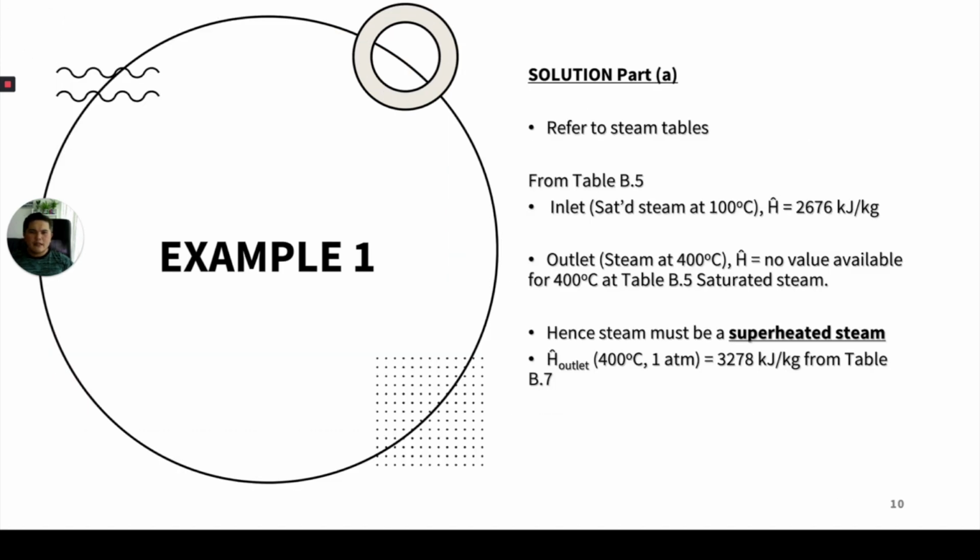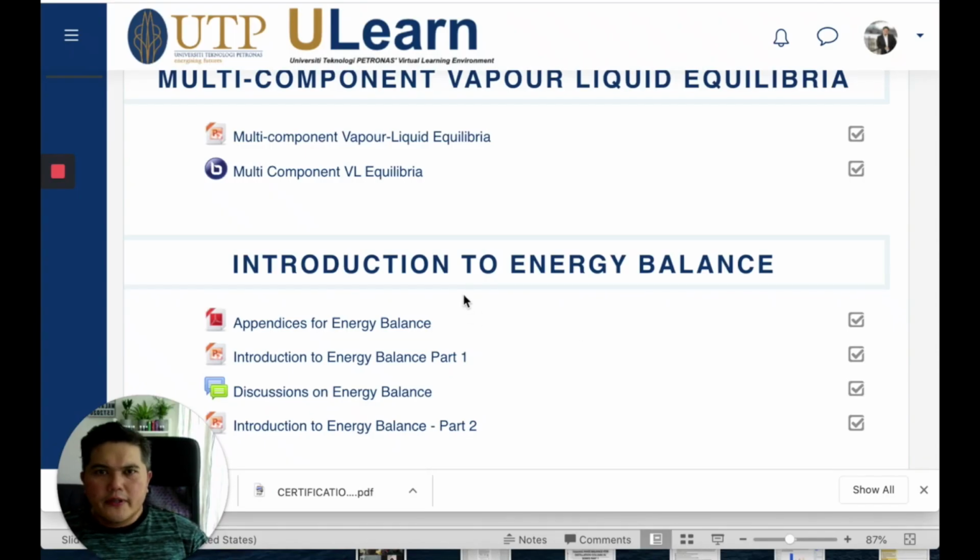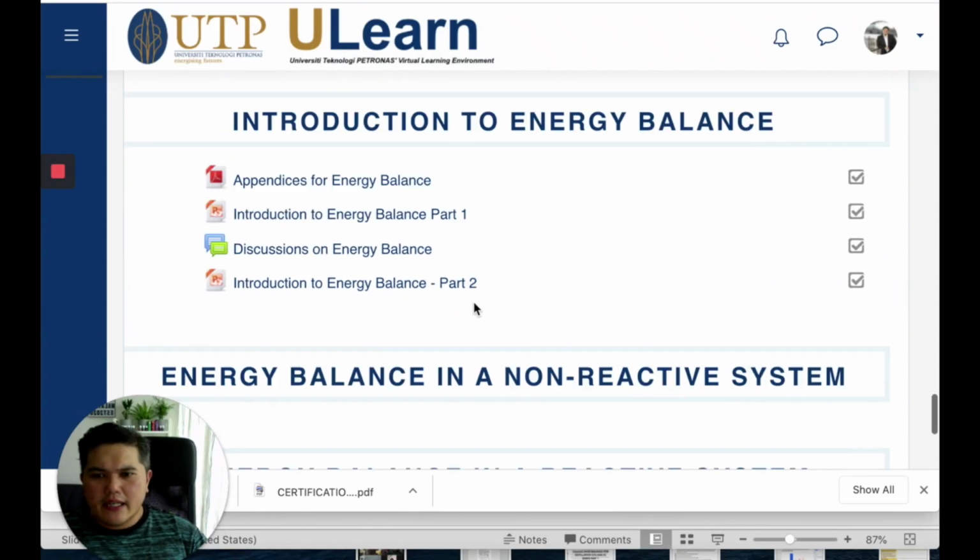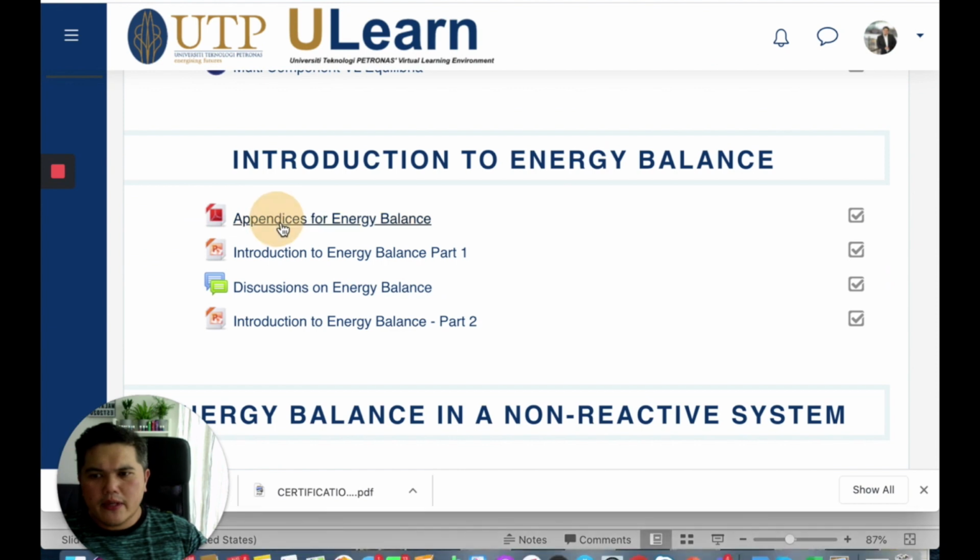What we need to do is refer to the steam table. Before I discuss this slide, I'm going to bring you to finding the steam table. So let's have a look at the appendix that I have given you earlier. If you refer to the ULearn that I have given to you, there are the appendices for energy balance.